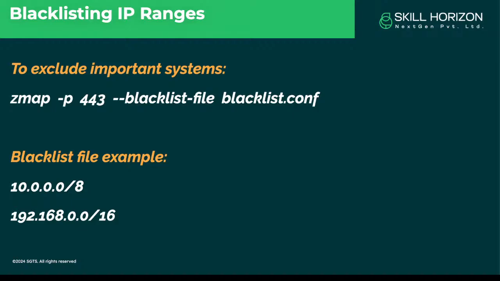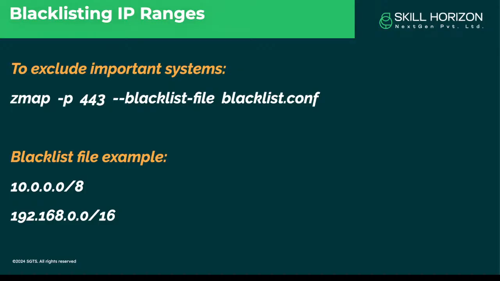So if you want to exclude anything, like suppose you have 10,000 targets, but you want 100 targets not to be scanned, you want to exclude them, then you can create a configuration file called blacklist.conf. The name can be anything, but do not forget to use the option --blacklist-file.